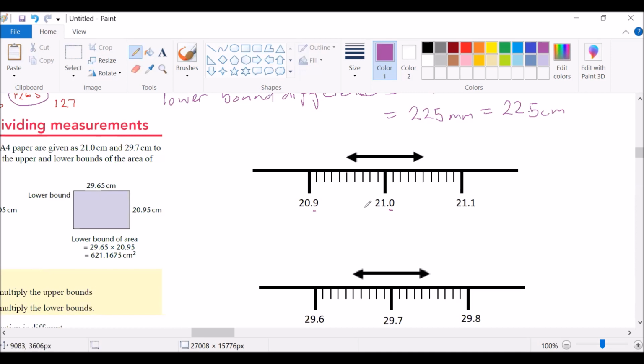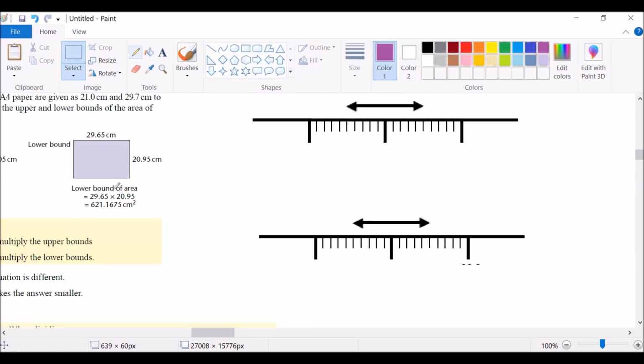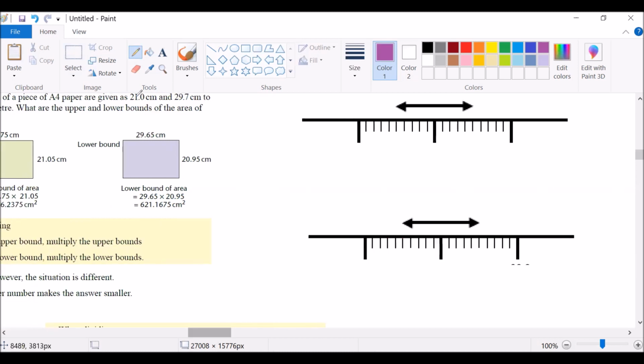Or, for clarity, let us convert this to millimeters. The given is 21.0, which is 210 millimeters, and the next millimeter is 211. Before 210 is 209. That is for the width.